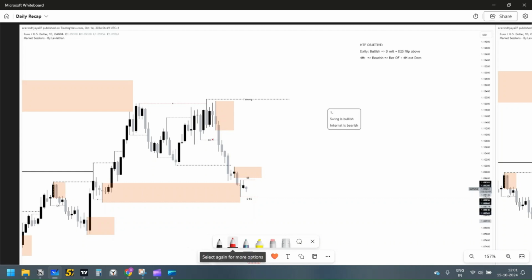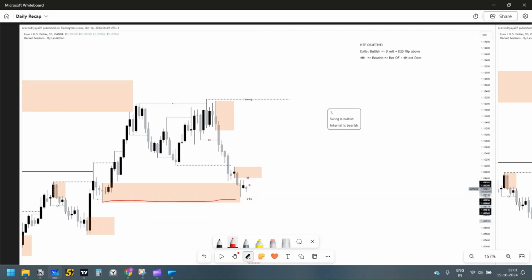So let me take a pen. In the euro dollar, the daily is bullish and the internal is bearish, and the price reached the daily demand zone. We can see that there are strong rejections coming off the daily demand zone, which means the demand is gaining control, but the supply is still in control and the price is moving down.